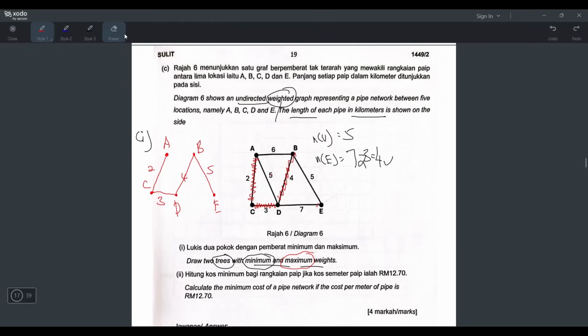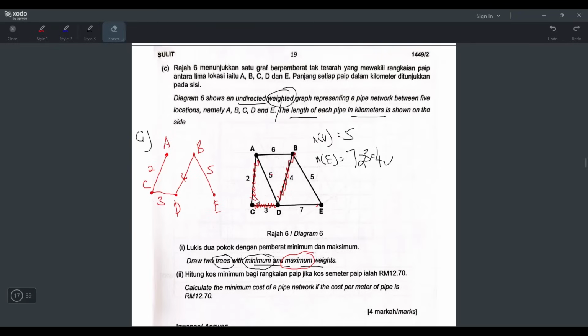So I think the 2, I don't want to erase. The 2 I don't erase. Instead, because I want to join to C, right? So if I want to join to C, I will not erase this. Instead I erase which one? Okay, no. Actually, you should erase the 3.